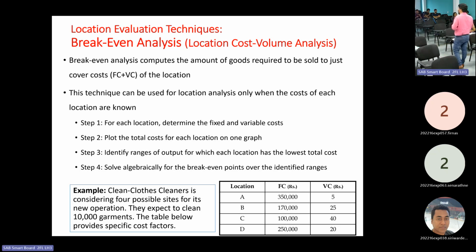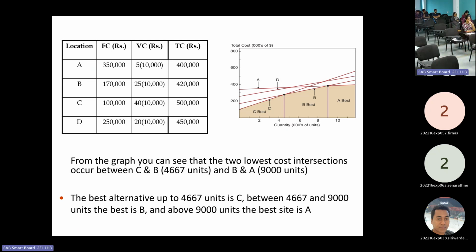First of all, we need to calculate the total cost for each location. How to do that? Assuming that we are going to operate at the 10,000 units level, we can calculate the total cost of each location, right? Assuming 10,000 level, the total cost for each location can be calculated. And plot the total cost on one graph, and then draw the total cost curve for each location.